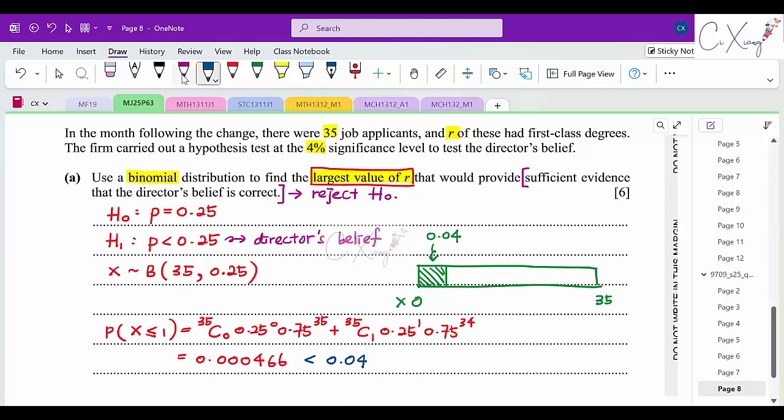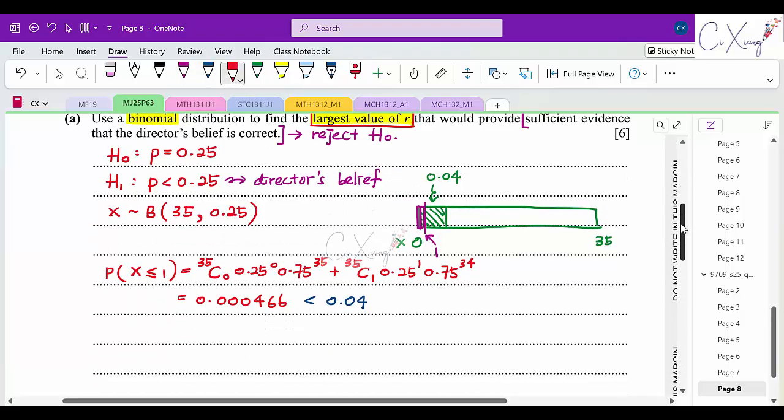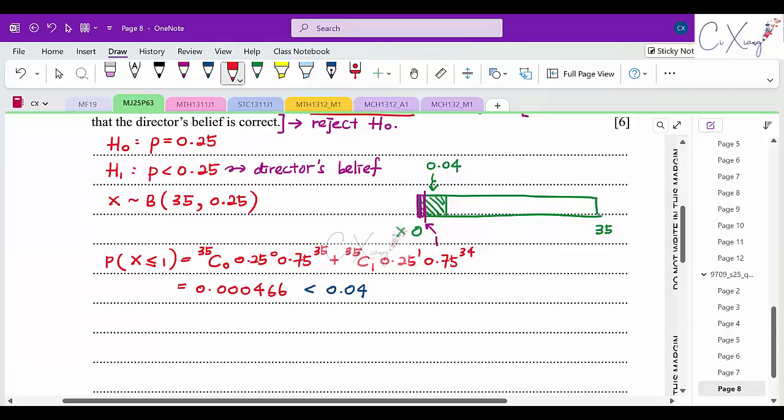That means if you put 1 inside your diagram here, the 1 should be somewhere here. So the area for x smaller equals to 1, the purple color area, is super small compared with 0.04. So very obvious, 1 is under the rejection region. Since the probability for x smaller equals to 1 is very much smaller than 0.04, I try to be more adventurous and skip the 2.